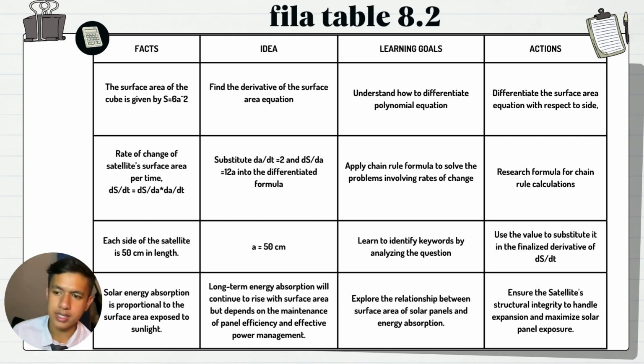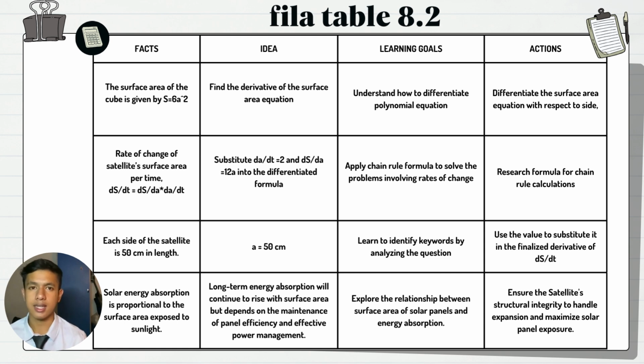Then second fact, rate of change of the satellite's surface area per time, dS over dt equal to dS over dA times dA over dt. Then the idea, substitute dA over dt equals 2 and dS over dA equals 12A into the differentiated formula. Then the learning goal, apply the chain rule formula to solve problems involving rates of change. Then the action, research formula for the chain rule calculation.